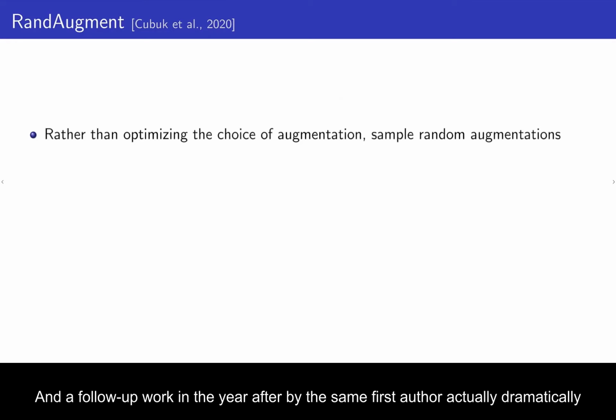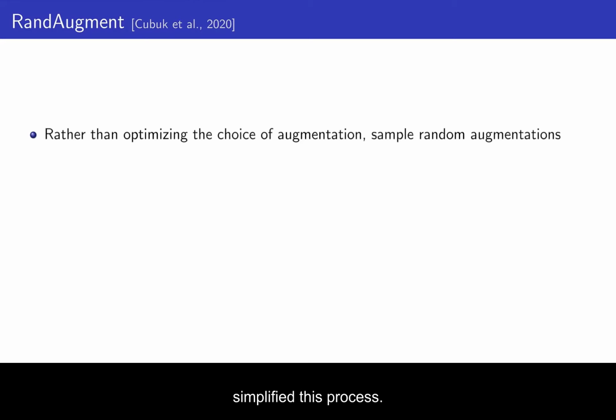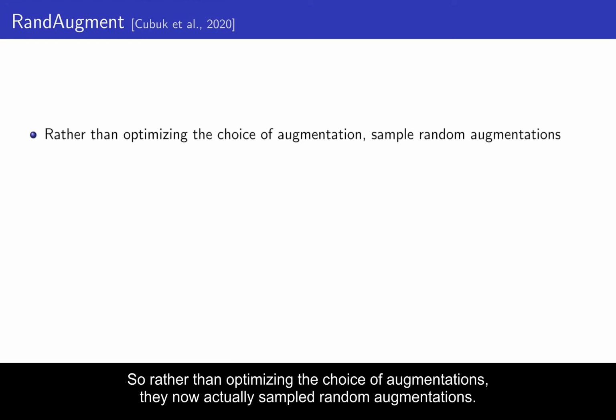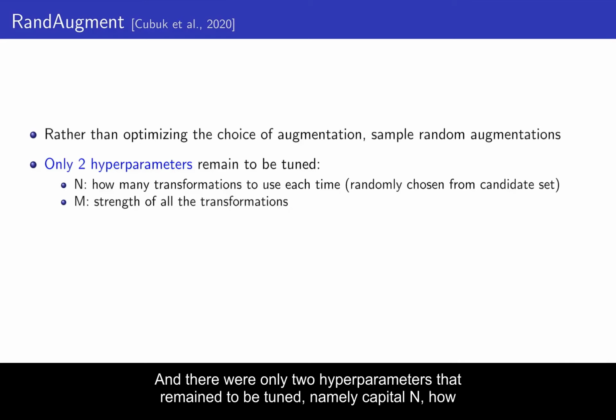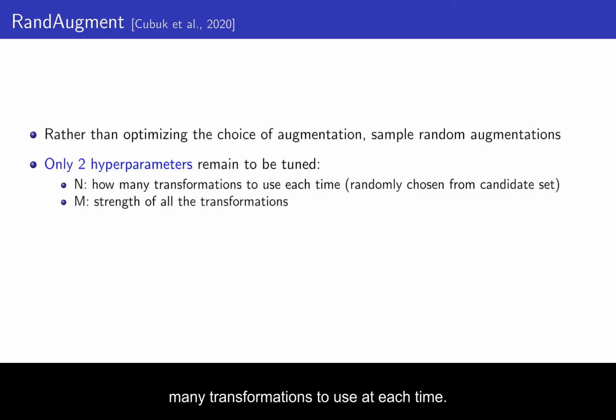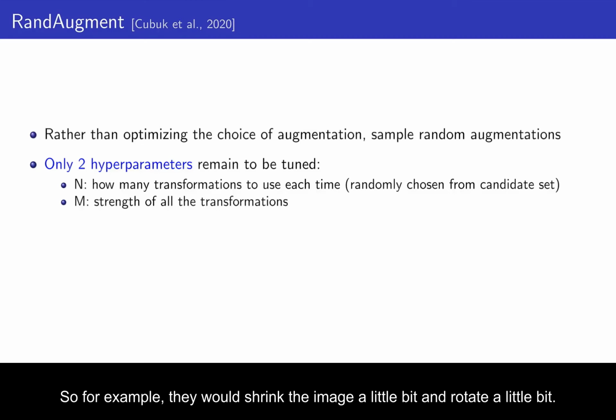Then a follow-up work in the year after by the same first author dramatically simplified this process. Rather than optimizing the choice of the augmentations, they now sampled random augmentations. And there were only two hyperparameters that remained to be tuned, namely capital N, how many transformations to use each time. So they would still use more than one transformation at a time. For example, they would shrink the image a little bit and rotate a little bit.